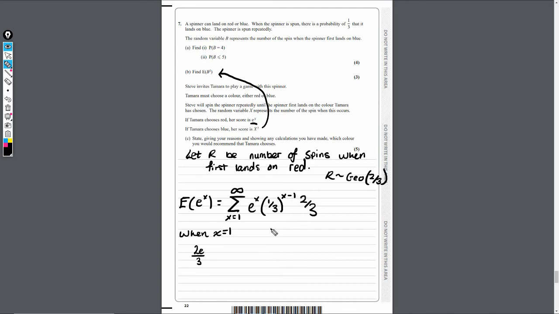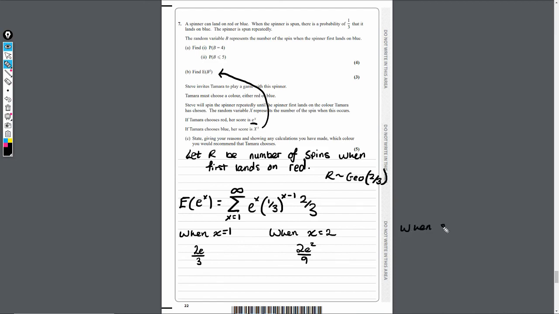Let's let x be equal to 2. So when x is equal to 2, what do I get? Well, I'm going to get e squared times 1 over 3 to the 2 minus 1, so that's a third. So at the minute I've got e squared over 3 and then times that by 2 over 3. So plugging that all together, I'm going to get 2e squared over 9. And then finally, let x be equal to 3.